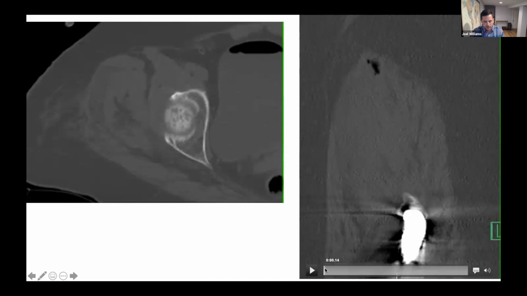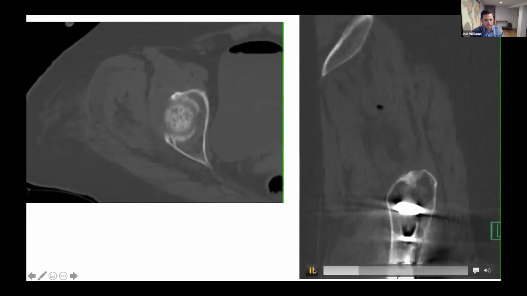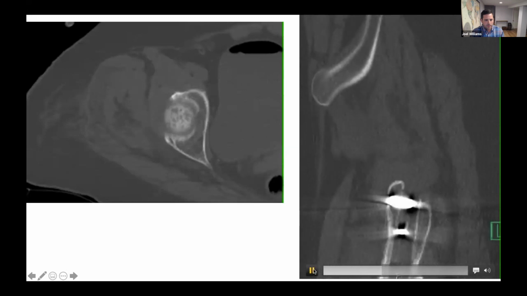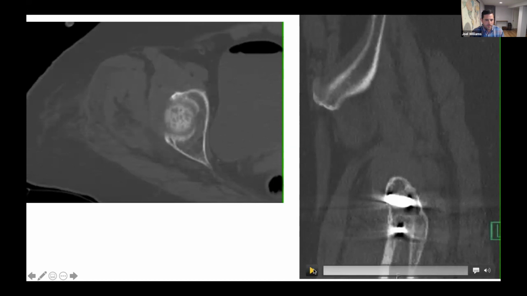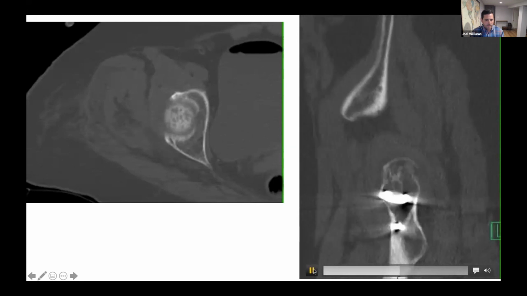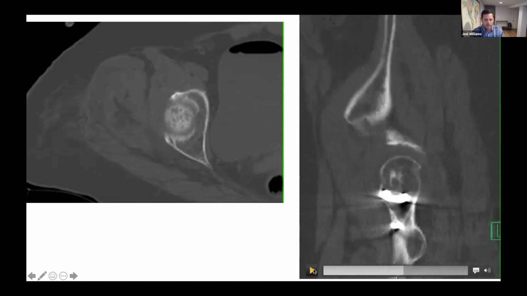I think the sagittal shows the point, and I'll stop it right about here. So it's entirely within the neck. And I think if I had dissected down into that portion of the femur, you would see a sort of dent where the blade was pushing from inside out.